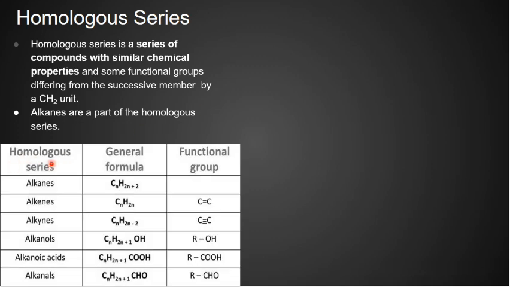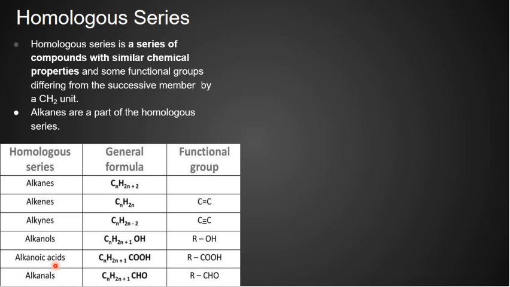When we are talking about the homologous series, they are just like a family. Under that series, we have the alkanes, the alkenes, the alkynes, alkanols, alkanoic acids, alkanals. We still have more of them, but all these are under the homologous series.